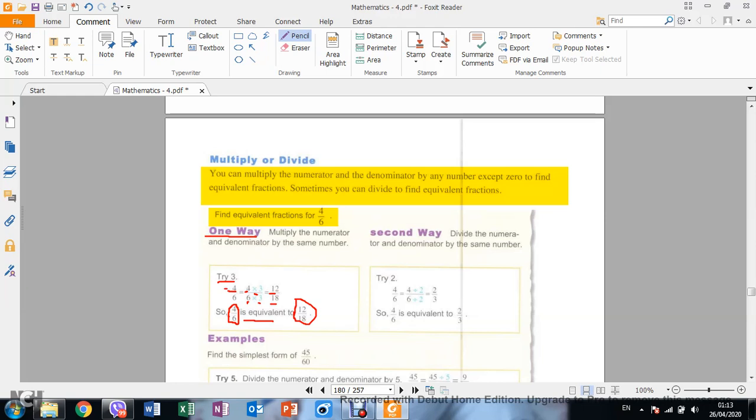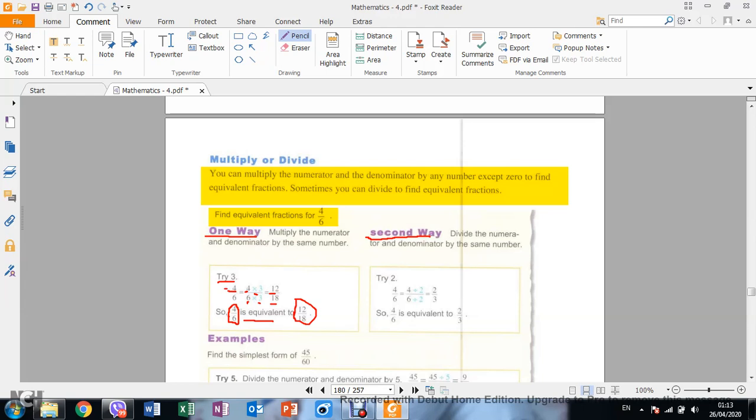The first way, every time you can use multiply. The second way, you can divide the numerator and denominator by the same number.